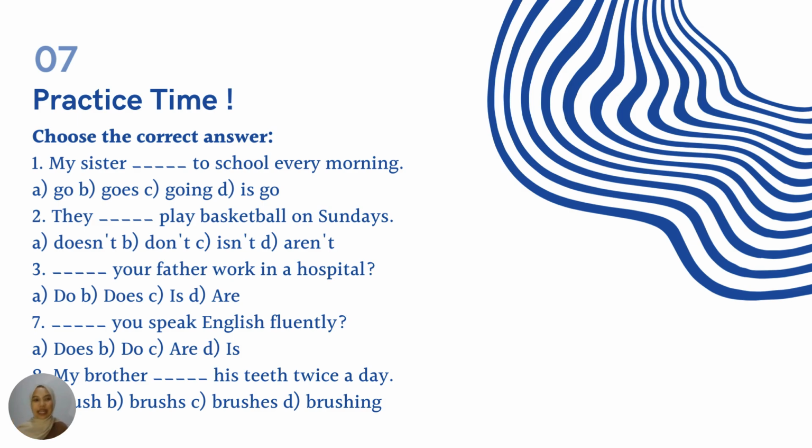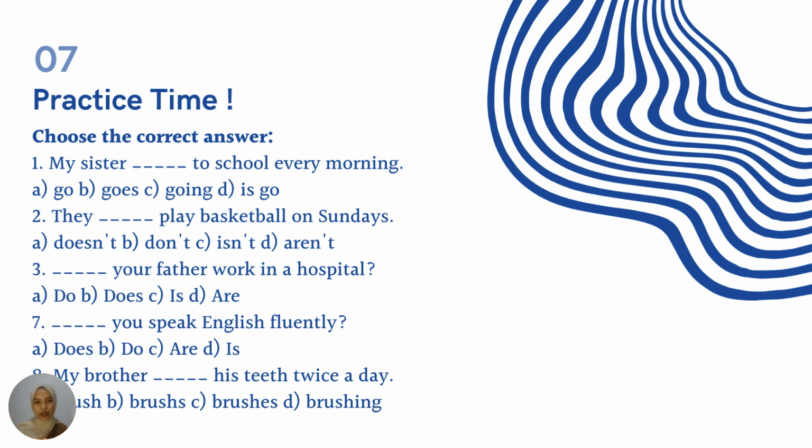And then let's practice. Choose the correct answer. My sister blank to school every morning. A, go. B, goes. C, going. D, is go. Which one is correct?